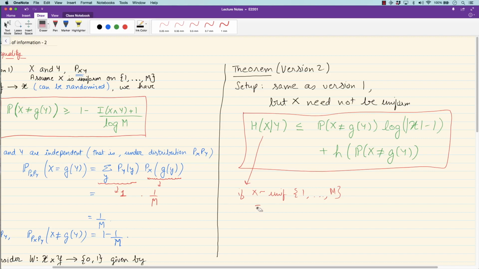So in this case, H(X|Y) is equal to H(X) minus the mutual information, which is equal to log m minus the mutual information. And then you can rearrange terms here and get the same version. So this implies version 1.